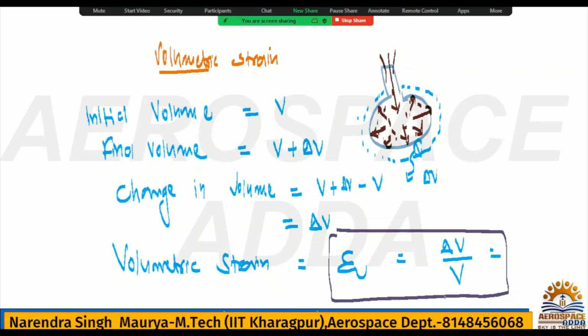All right, done. So this was the classification of strains. You have seen linear strain, also called longitudinal strain, then lateral strain, and then the volumetric strain. Means all types of strains you have seen. Okay, done.